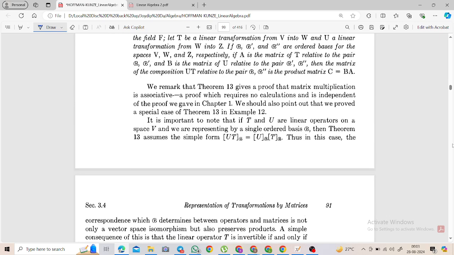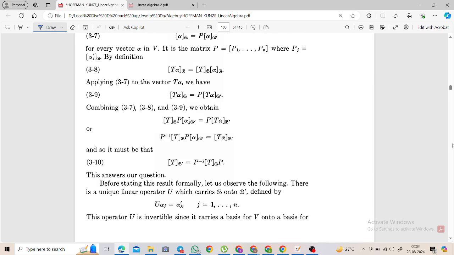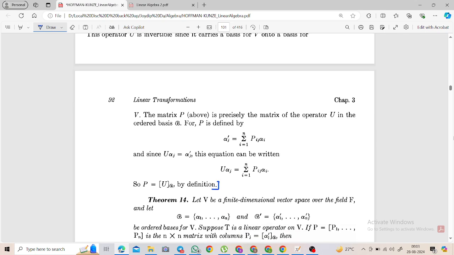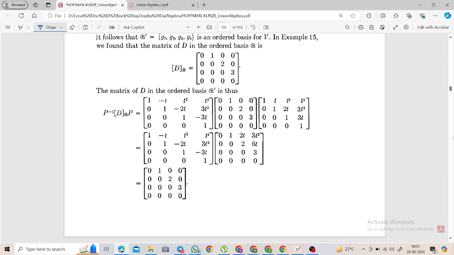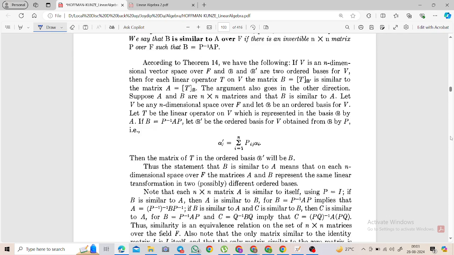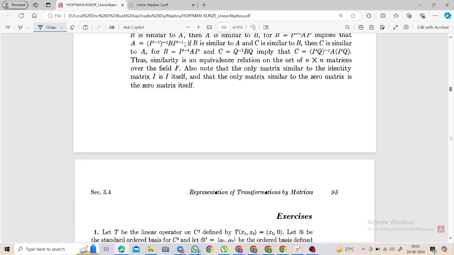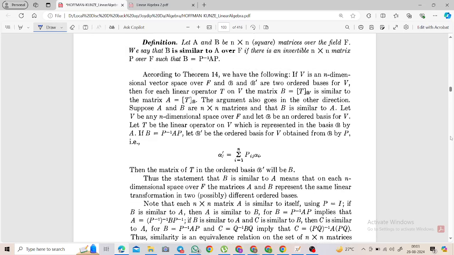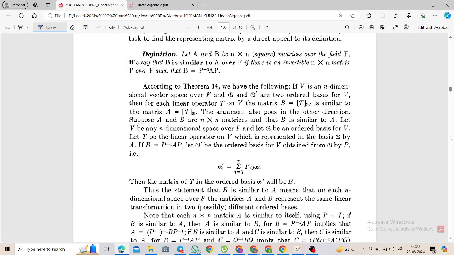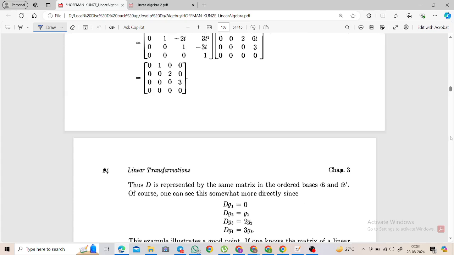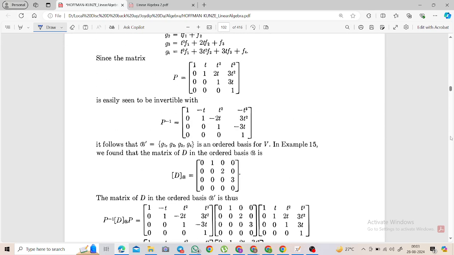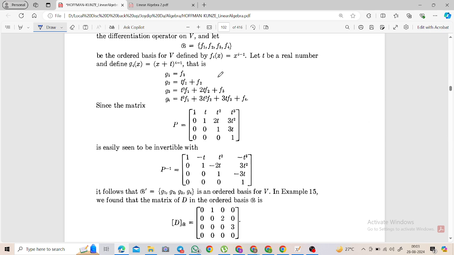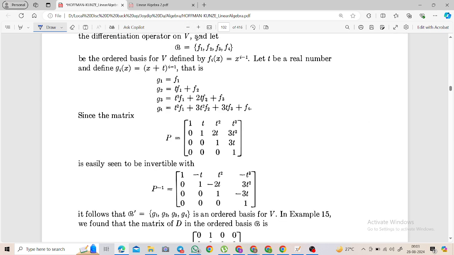Now they are changing the basis of the same operator, from x to the power i to (x plus t) to the power i.